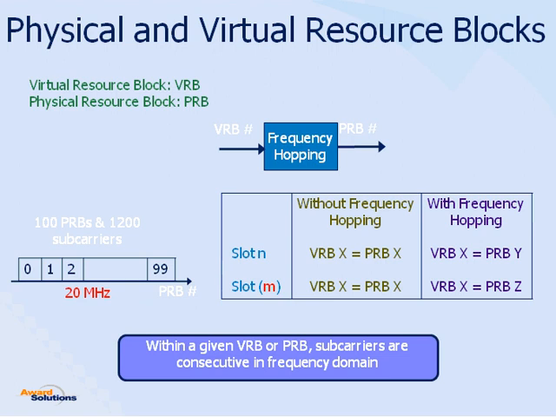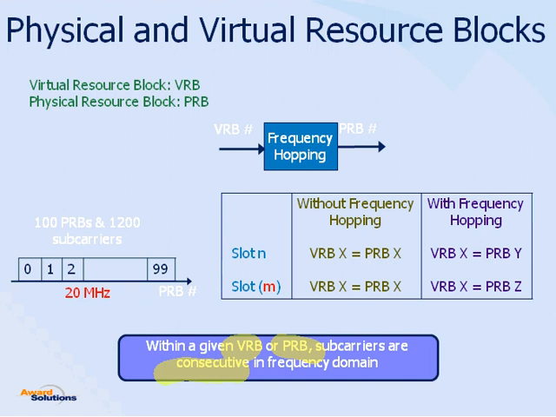But regardless of virtual block or physical block, it doesn't matter whether we are talking about virtual block or physical. Within that block, you will always see consecutive subcarriers. So within one virtual resource block, a dozen consecutive subcarriers. Within one physical resource block, a dozen consecutive subcarriers.